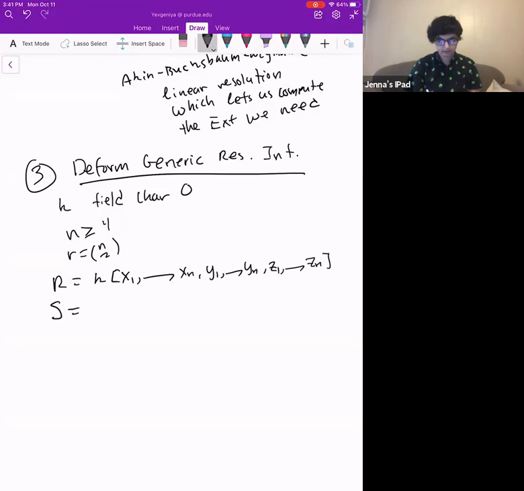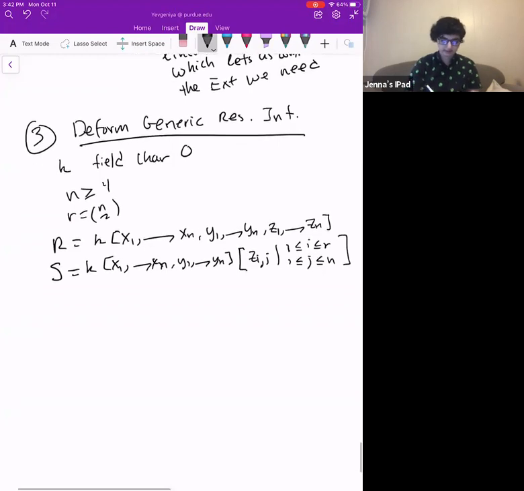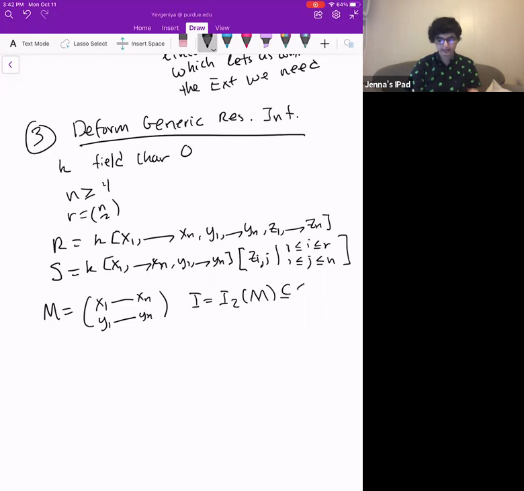And S is going to be K[x1 through xn, y1 through yn], and then we're adjoining z_ij's where i is between 1 and r and j is between 1 and n. And again, we're going to have that 2 by n matrix with all the x's in the first row and all the y's in the second row. And we're going to say that I is the ideal generated by the 2 minors of this matrix, and it's going to be contained in S.